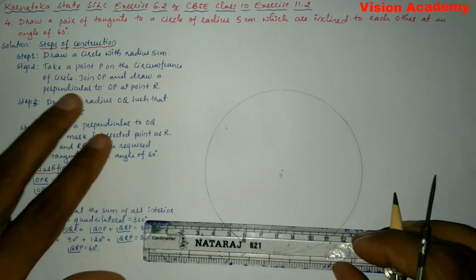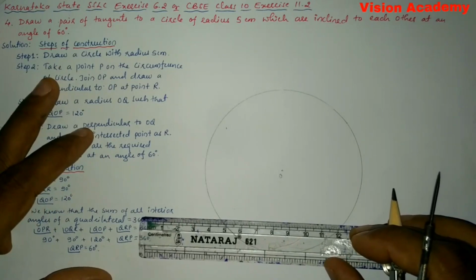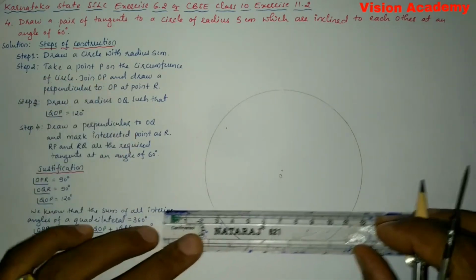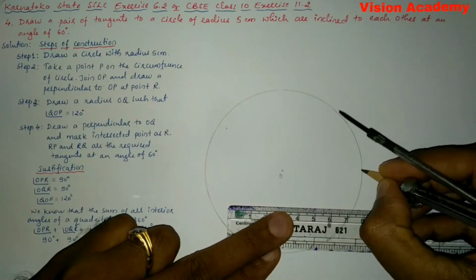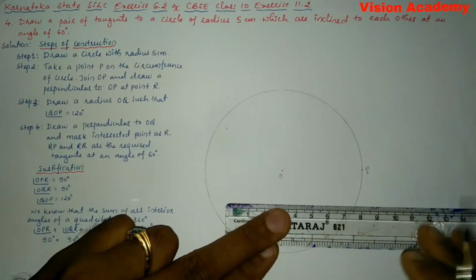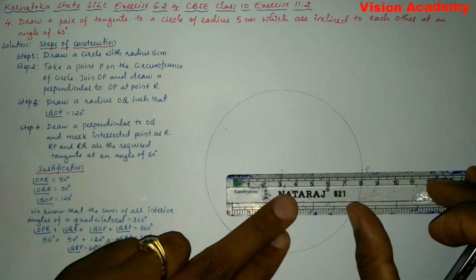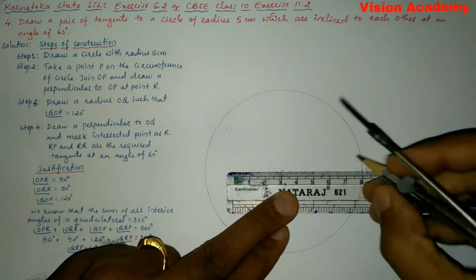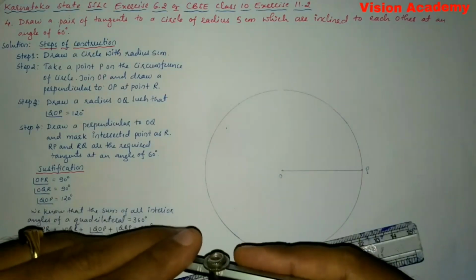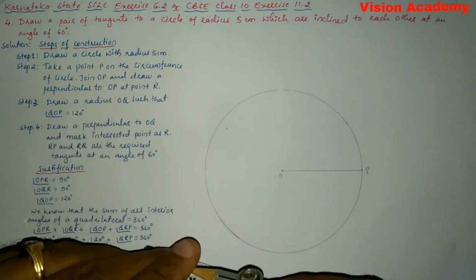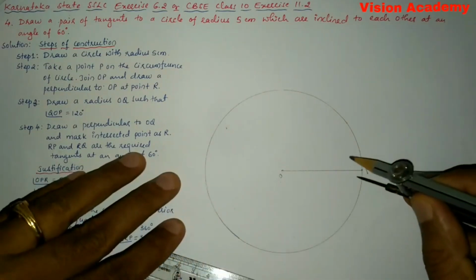Now in the step, it is given take a point P on the circumference of the circle. So let us take any point P on the circumference of the circle and join OP. Let us join OP, and next they have given draw a perpendicular to OP at R. So let us draw the perpendicular.